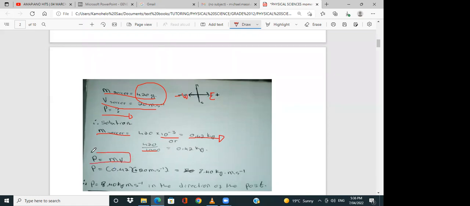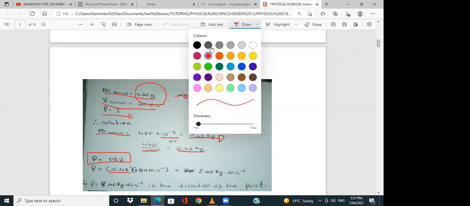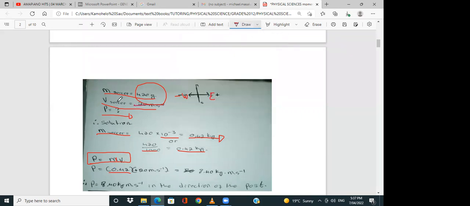Here's our formula. This is a really, really important formula when dealing with momentum, guys. Firstly, we have our mass right there, and we determined our mass is 0.42 kilograms. We substitute it right there, and then our velocity is 20 meters per second towards the goalpost.